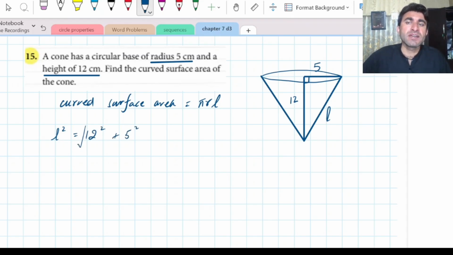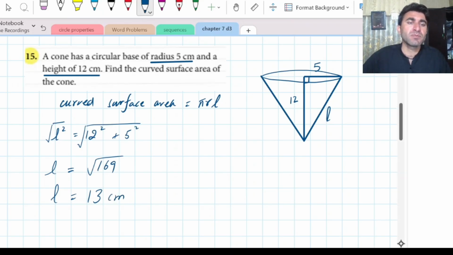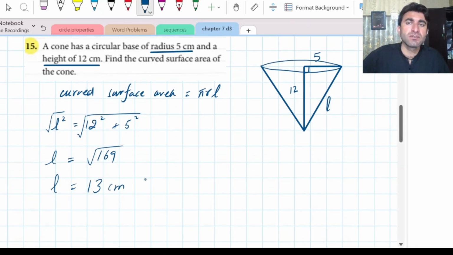In order to find the slant height, we take the square root of both sides, and this is the square root of 169, which is 13. So the slant height is 13 centimeter. Now replace the values in the formula.